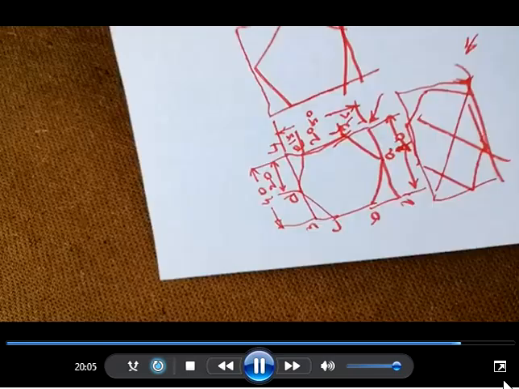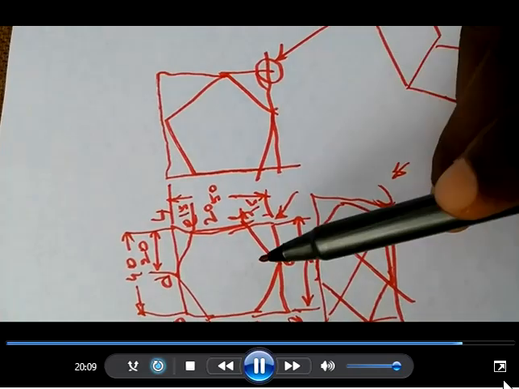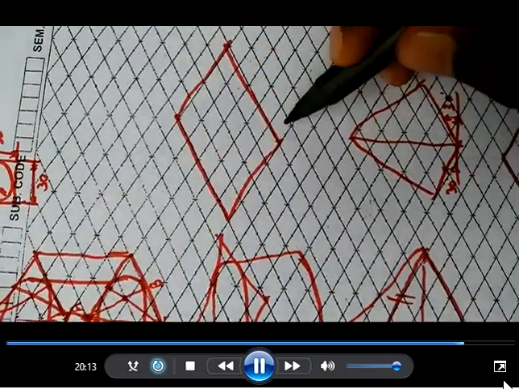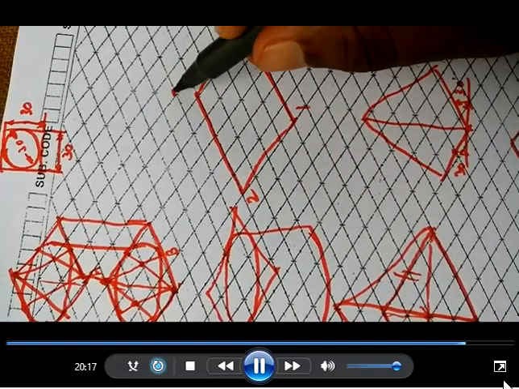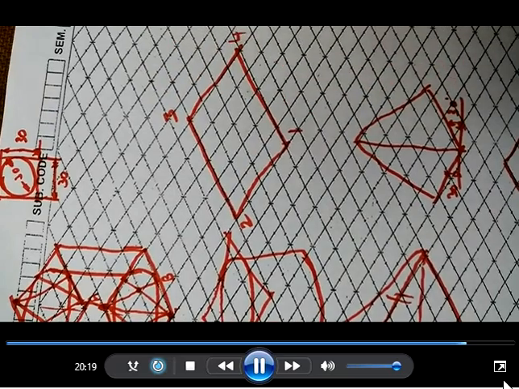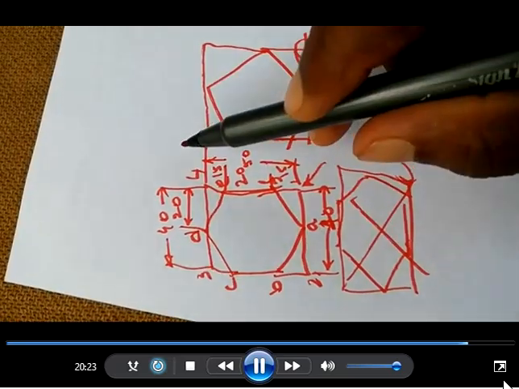So I have copied this outer box onto the isometric sheet. This is point 1, and in this diagram this is the reference point 1. So this becomes point 2, this is point 3 and this is the last point, point number 4.